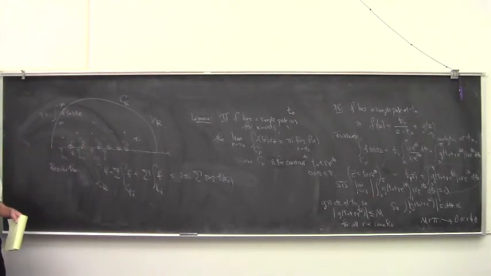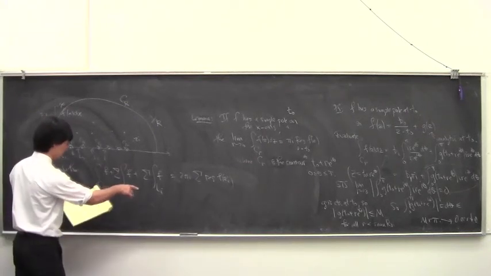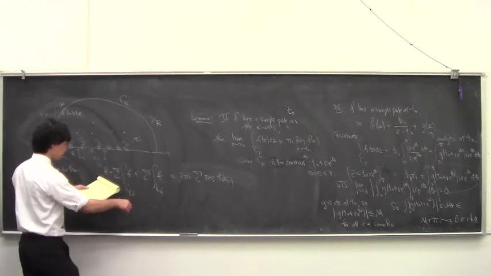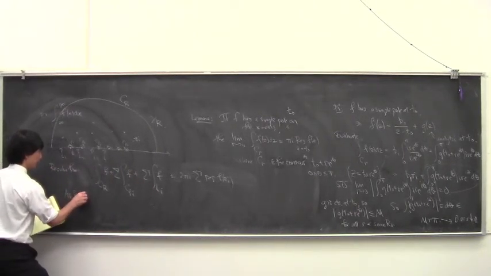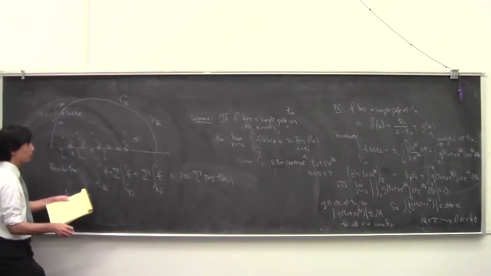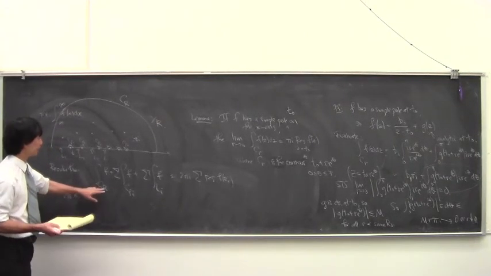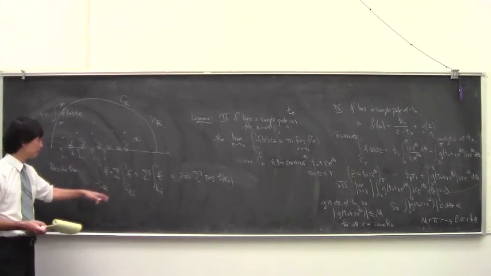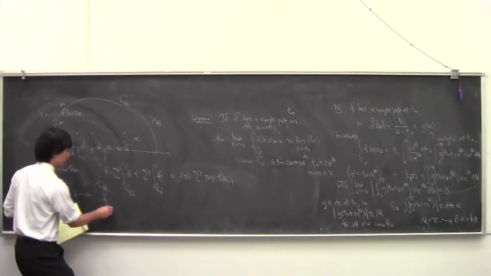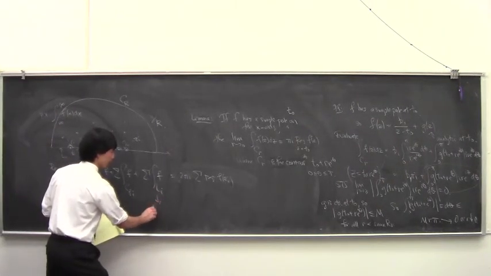Okay. And then as R goes to infinity, what's going to happen? If you're lucky, under certain conditions, this thing is going to vanish. This thing is going to be your integral of interest.